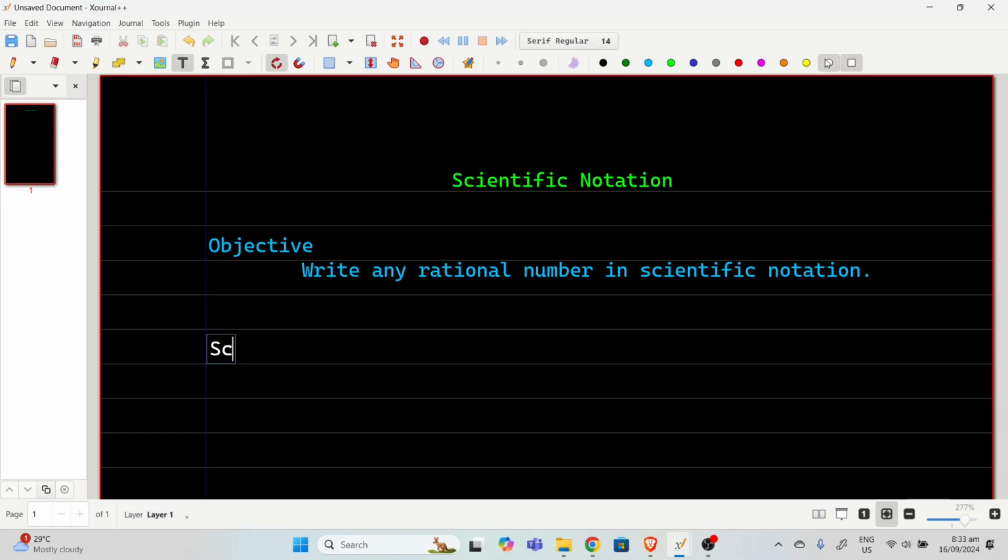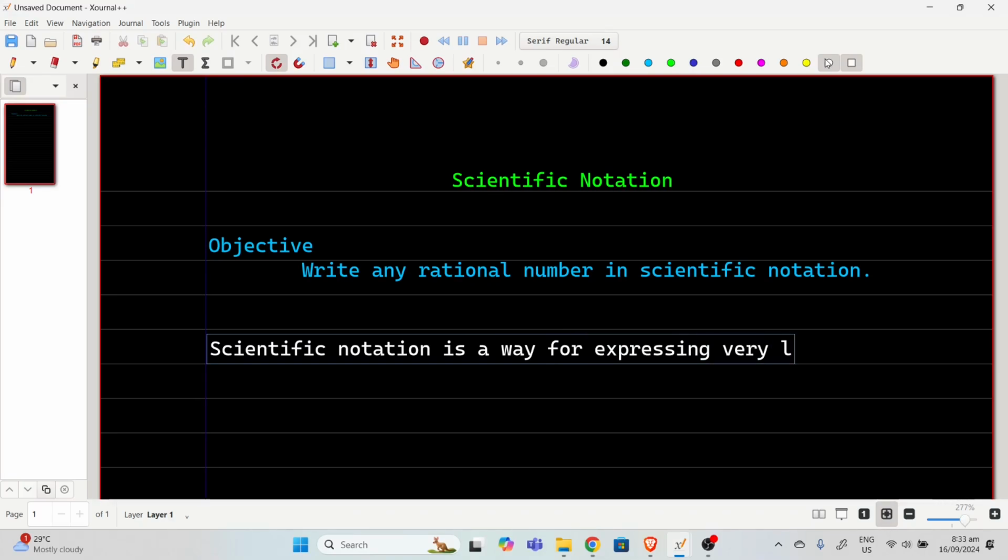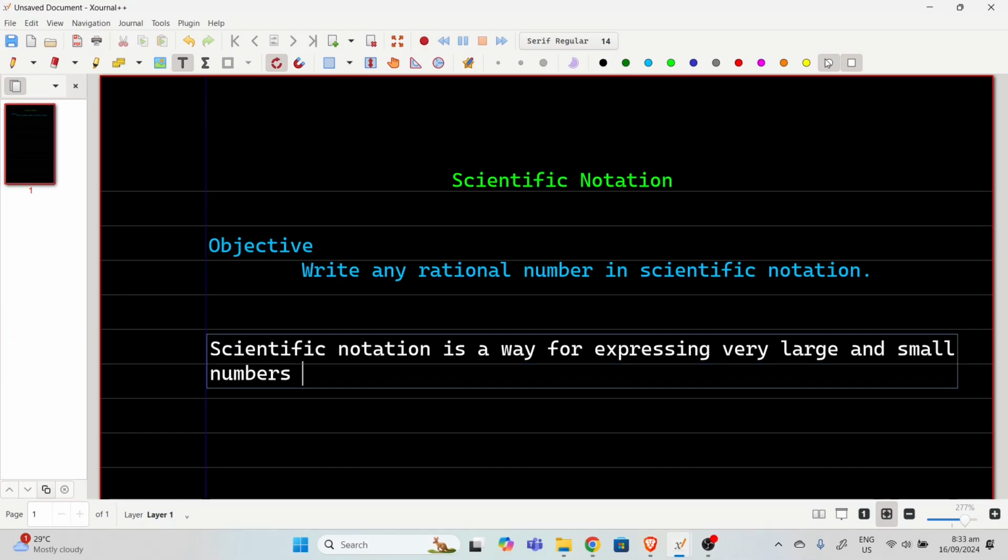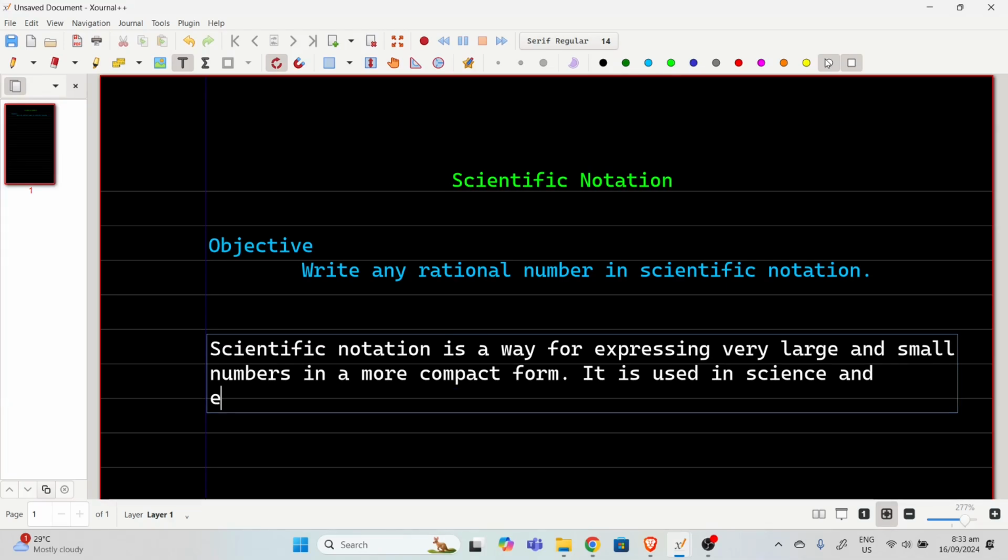So scientific notation is a way for expressing very large and small numbers in a more compact form, and it is used in science and engineering to make calculations easier.